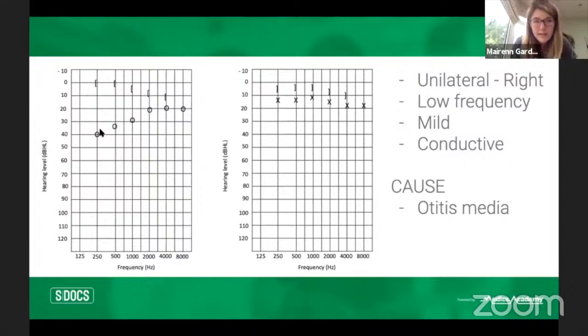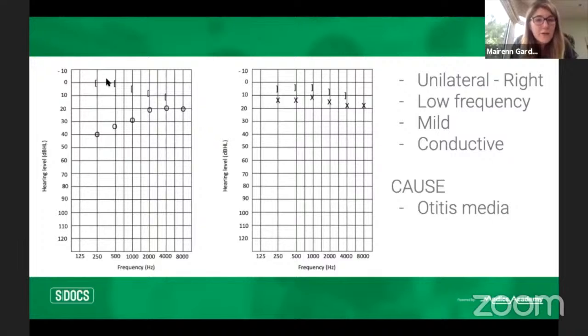In order to understand whether a patient has conductive or sensory neural hearing loss, you need to look at the difference between the air and bone conduction. So as I was explaining in part 1 of this video, in conductive hearing loss, bone conduction will be better than air conduction because they've got a problem with their outer or middle ear.